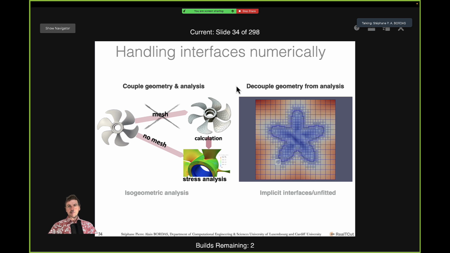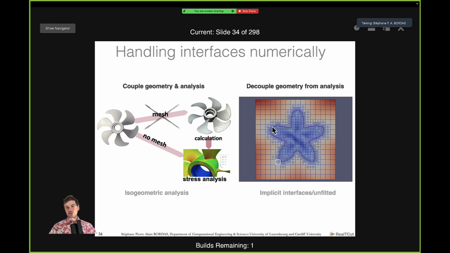So, as we realized, there are really two ways to handle interfaces. There is the first way, which is called decoupling the geometry from analysis on the right-hand side. And this is also known as implicit interfaces or unfitted methods. So what happens then is that the interface is not explicitly meshed, it's implicitly represented using, for example, level set methods.